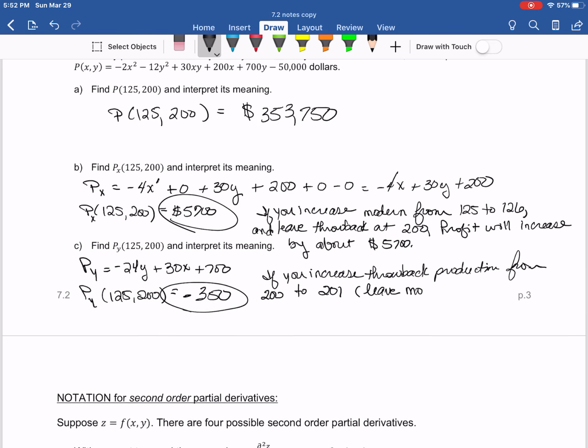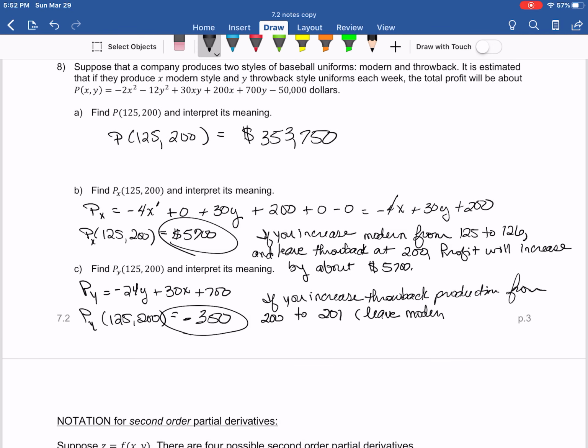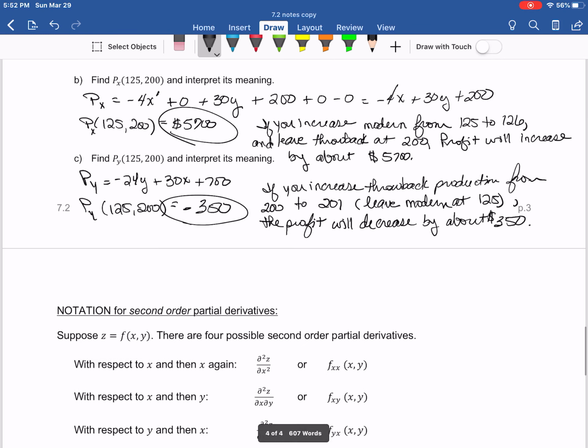Leave modern at 125. The profit this time goes down because it's negative. Decreased by about $350. That's no good. So that's a couple of examples there for interpreting the output values that you get from the marginal productivity equation.